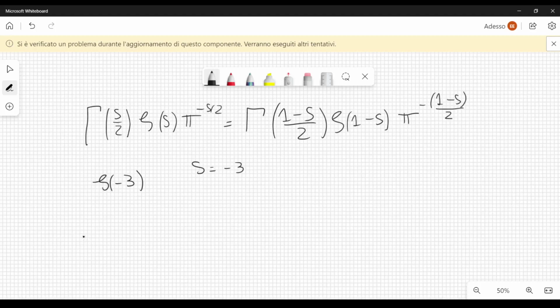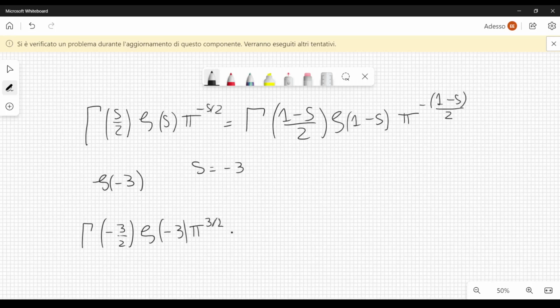If we set s equal to minus 3, we get gamma of minus 3 over 2 times zeta of minus 3 times pi to the power 3 over 2.